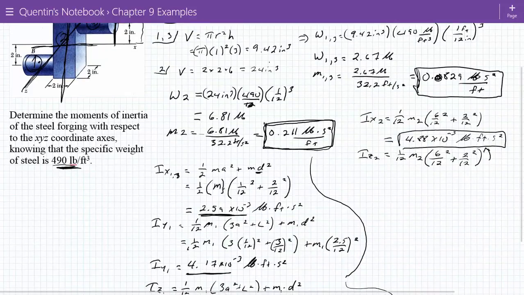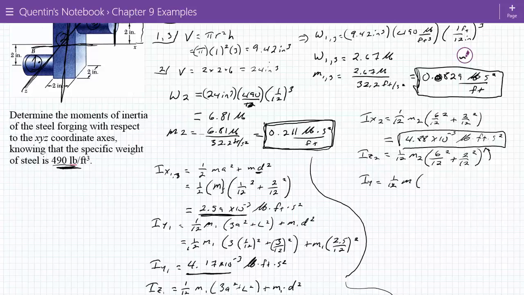And then lastly, Iy is going to be 1/12 m, and in this case it's going to be 2/12 squared plus 2/12 squared. So Iy ends up being 0.977 times 10 to the minus third pound foot second squared.